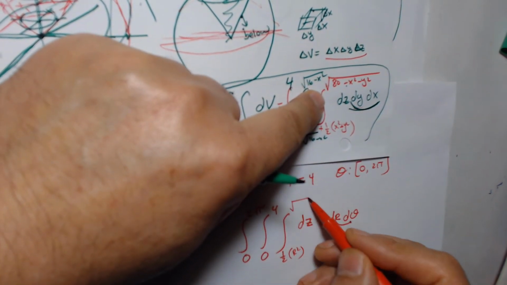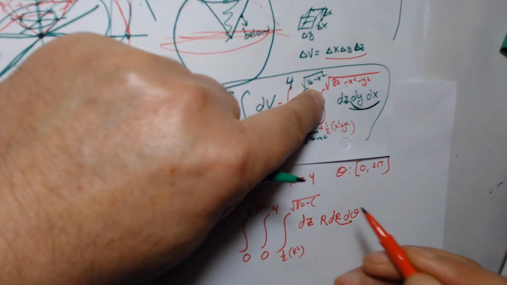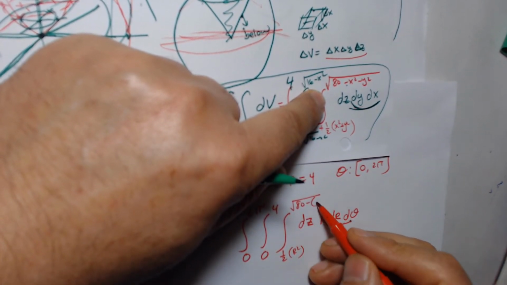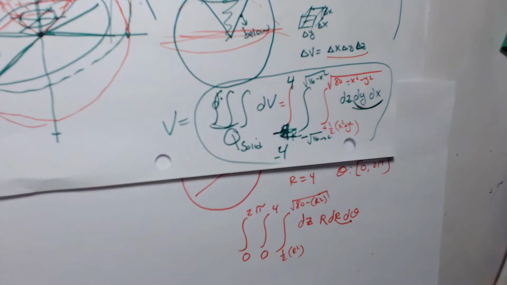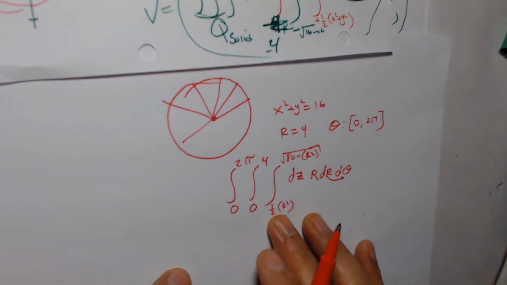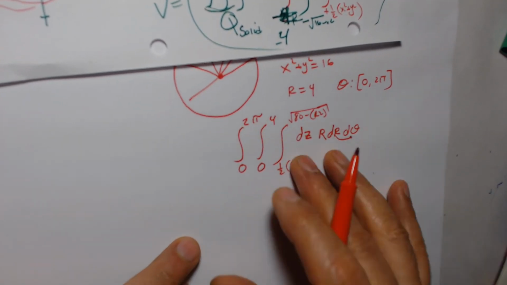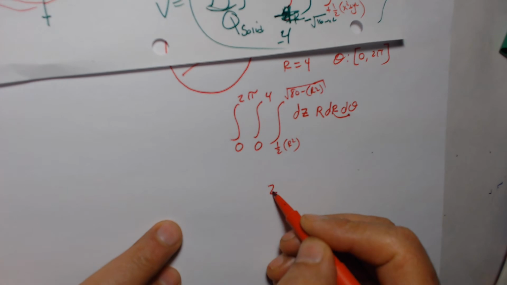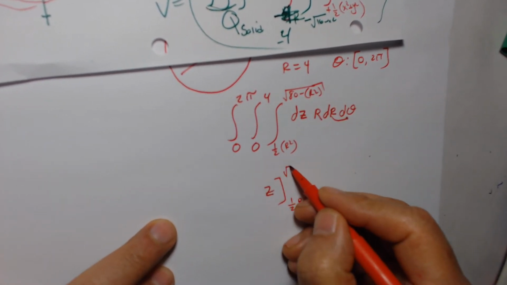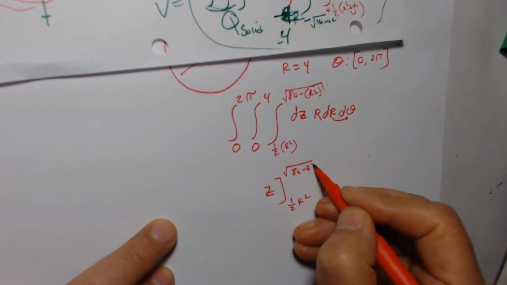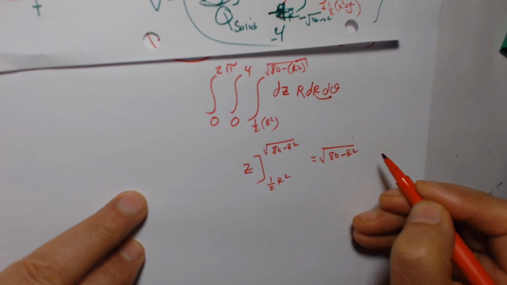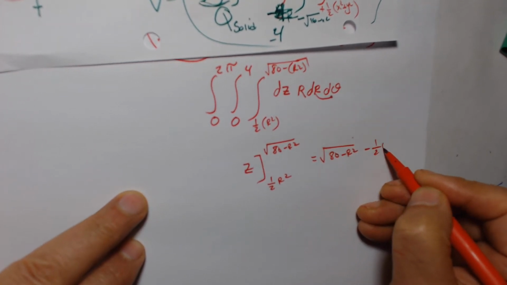And what is the square root of 80 minus, if I factor a negative, it becomes 80 minus x squared plus y squared. That's the r squared. Therefore, I'm not going to use the triple integral using Cartesian. I'm going to use cylindrical coordinate. Therefore, my z is from 1/2 r squared to a square root of 80 minus r squared. And this becomes so simple because that's all I'm going to do.